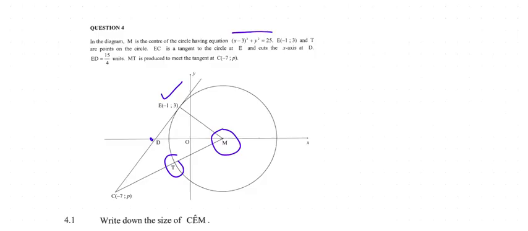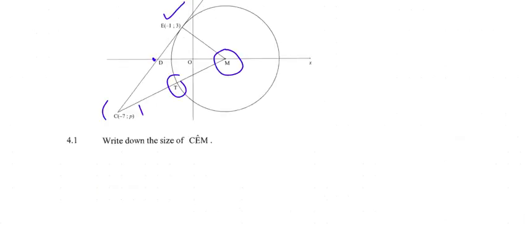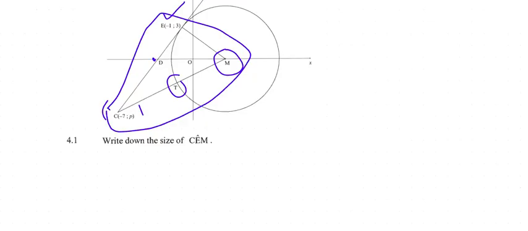So what is the first question of question number 4, 4.1? Write down the size of CEM. Okay, this is the triangle. We have to calculate the size of CEM. What is the geometric relationship between the radius ME and the tangent EC?